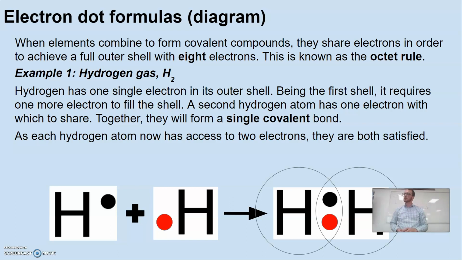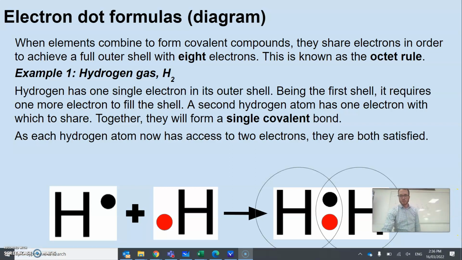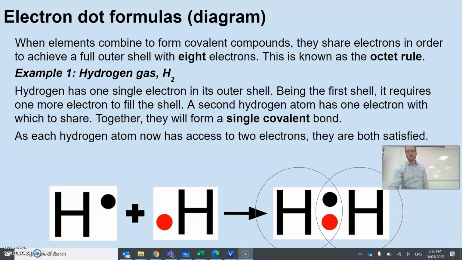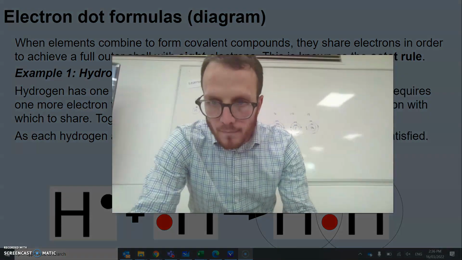Make sense? Yeah? Now, the thing I want to point out is that in electron dot diagrams, we don't include the circles. The only reason I've represented the circles here is to illustrate that both atoms have access to both of the 2 electrons.